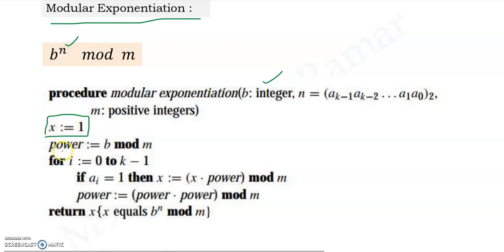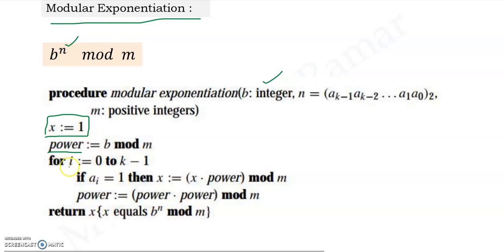And we have to write power. What is power? Power is equal to b modulo m. Whatever is given as b in the expression, write it modulo m. That is called power. These two values we have to assume before starting.